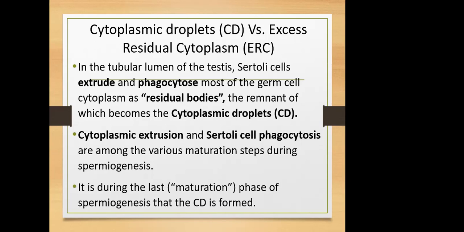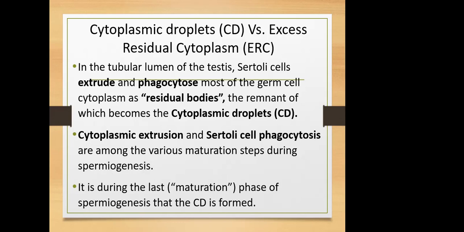So ordinarily, cytoplasmic droplets are normal. And we know how the cytoplasmic droplets are developed, so now everybody can understand it. If after the extrusion there's still a lot of remnants remaining within the neck area, then they are becoming larger cytoplasmic droplets.